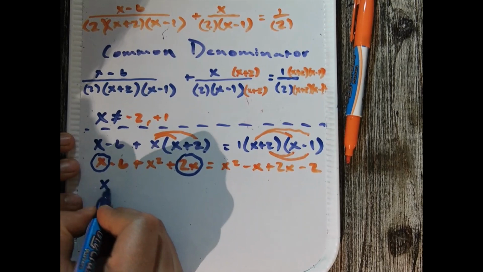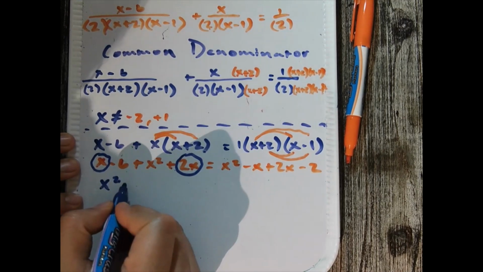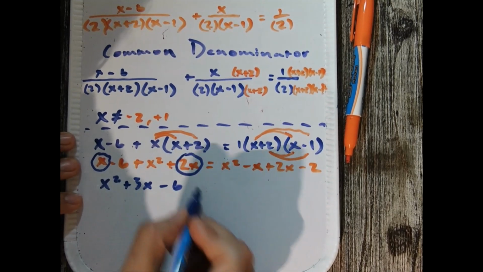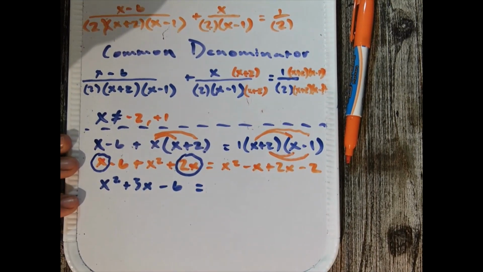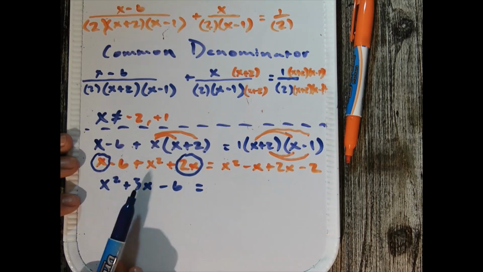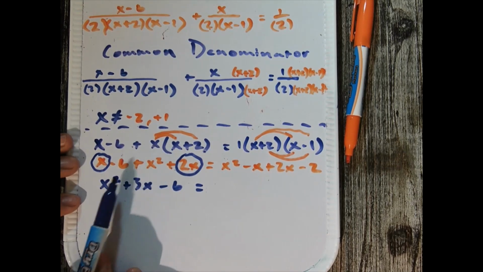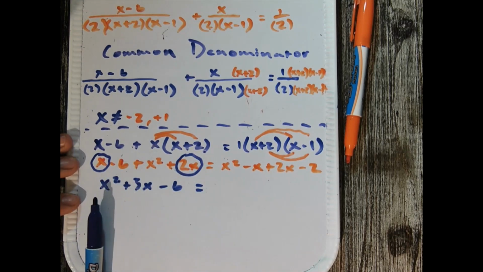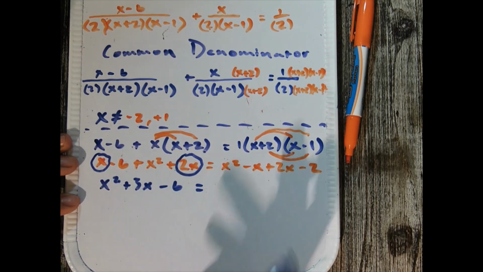So I have my x squared. X plus 2x is positive 3x. And then I have my negative 6. So again, the only thing I did is combine the 2x with the positive x, and I got 3x. I have my x squared and then minus 6. Again, I just wrote it in order from the highest to the lowest power.